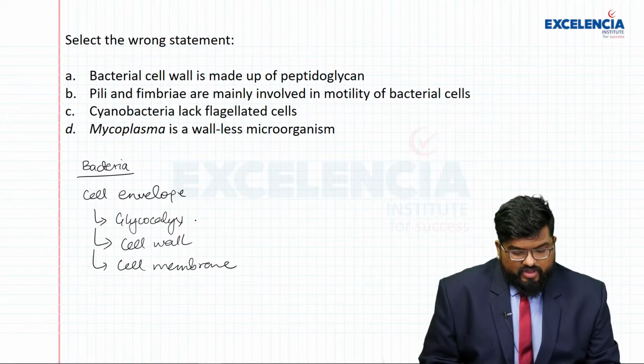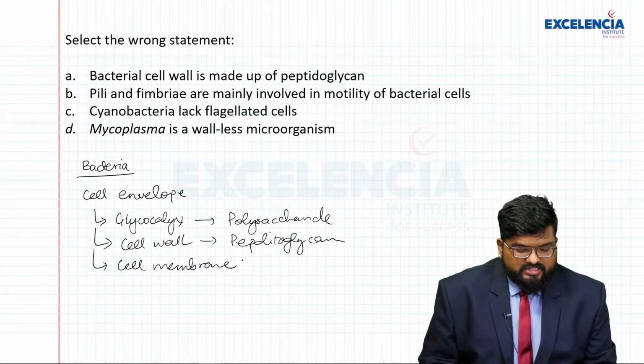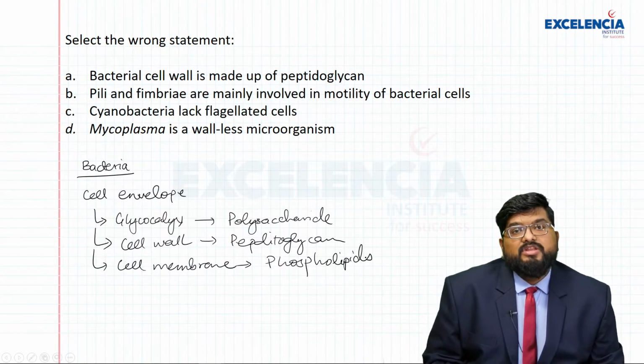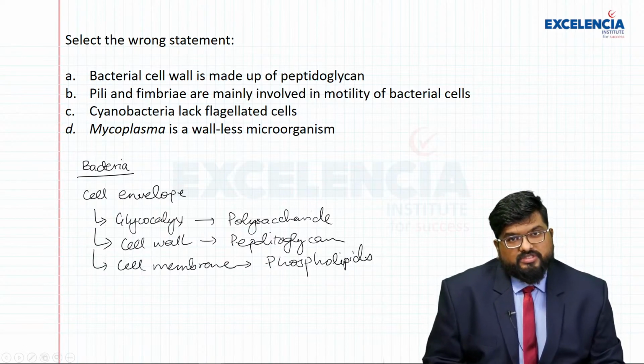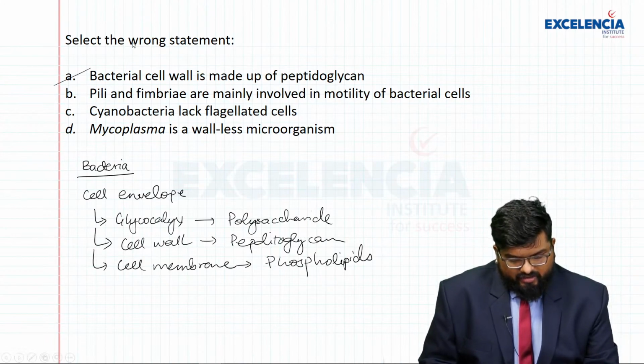Now the glycocalyx is made up of polysaccharides, the cell wall is made up of peptidoglycan, and the cell membrane is made up of phospholipids. So the bacterial cell wall is made up of peptidoglycan.